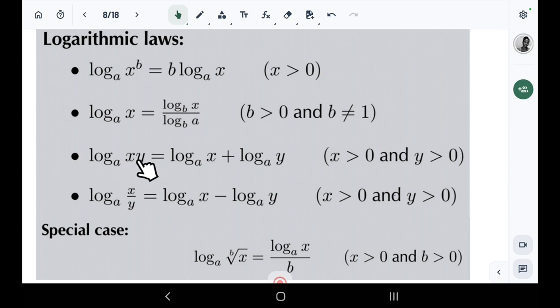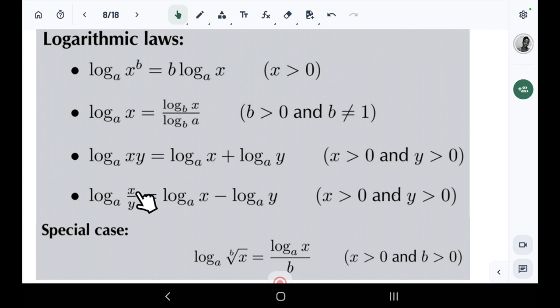The log of a product of two numbers is equal to the sum of the logs of the individual numbers. So the log of x times y equals the log of x plus the log of y. Notice that I'm not even bothering with the base because it's the same thing.